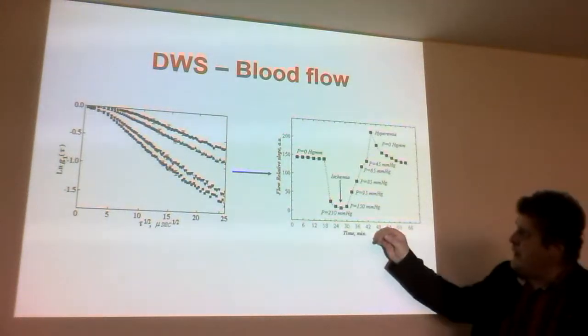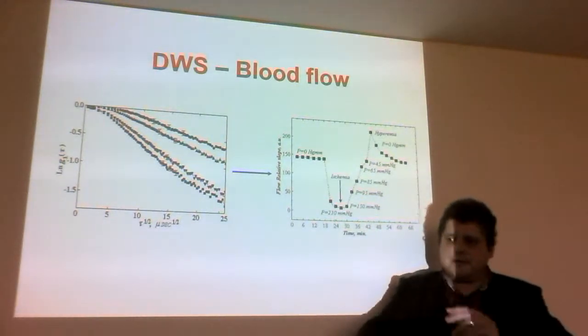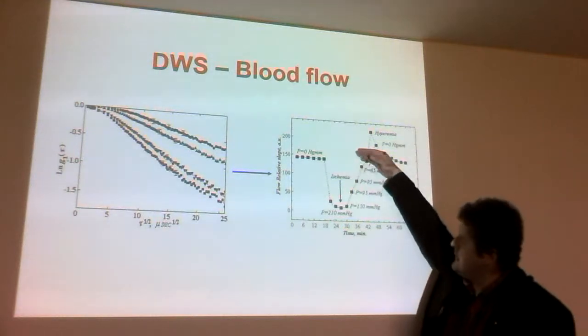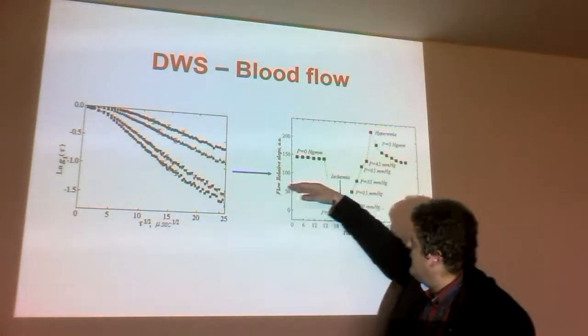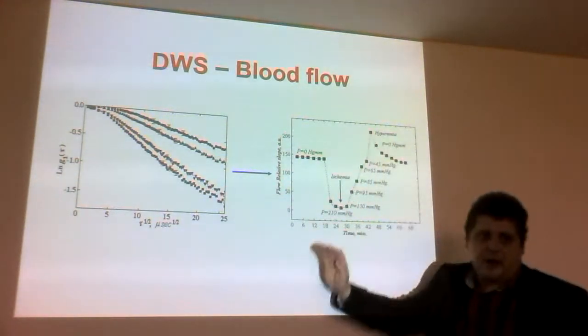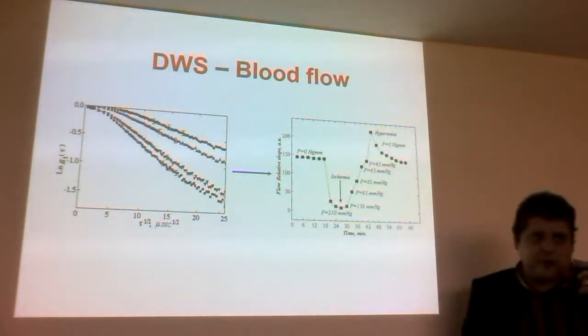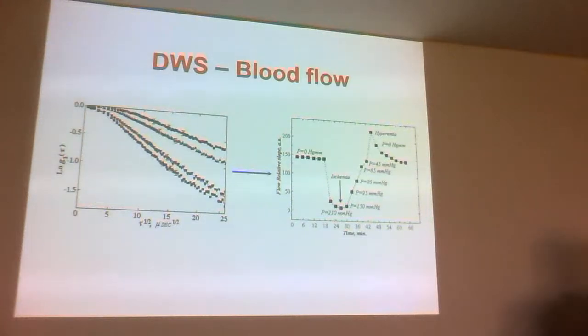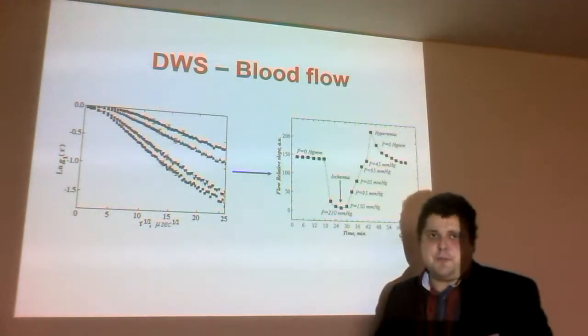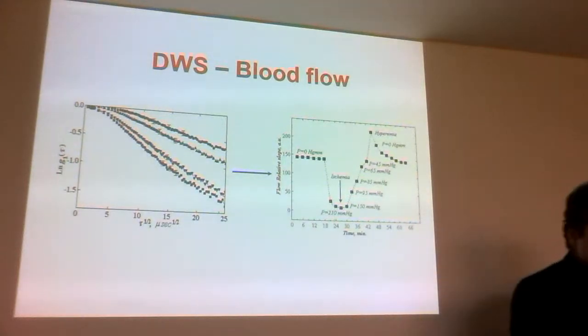And then when we slowly take off the cuff, this slope comes back to normal and even higher, because we have hyperemia. We waited here for about 30 minutes, so there wasn't enough oxygen in the tissue, and blood goes quickly to compensate the oxygenation.